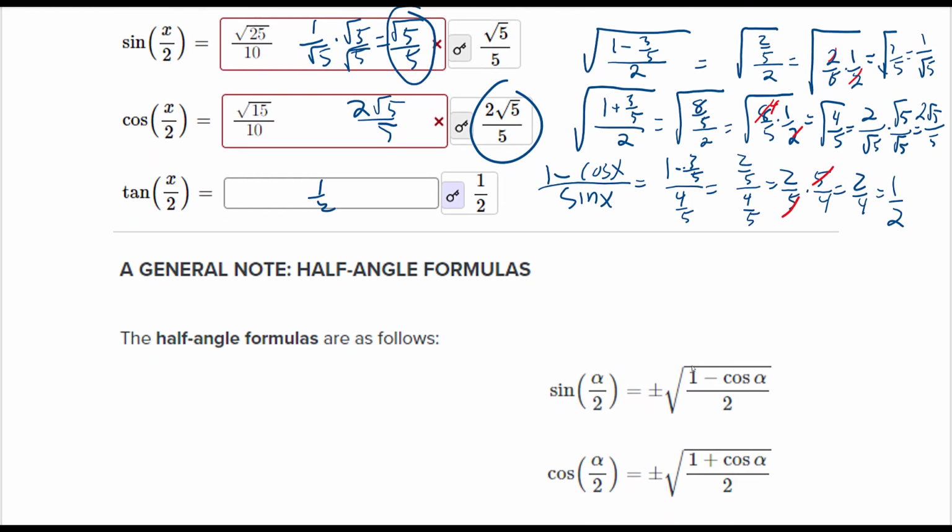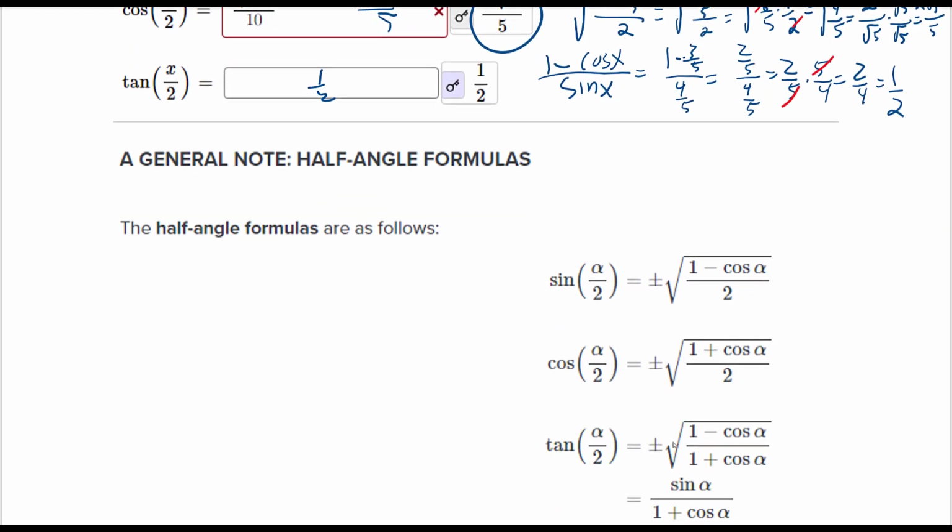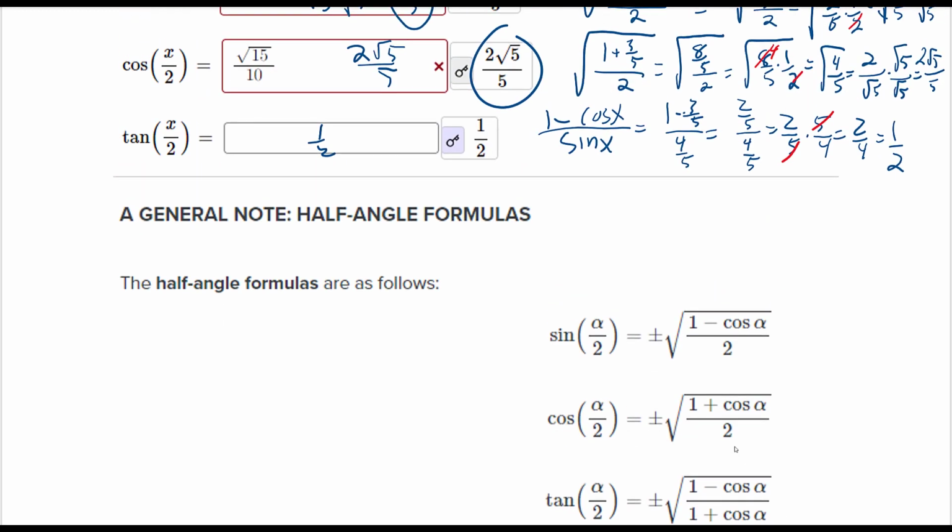Now again, you could have used just the cosine to find the tangent. Let's say we did that: tangent of x over 2 would have been the square root of (1 minus 3/5) over (1 plus 3/5), which is the square root of 2/5 over 8/5.